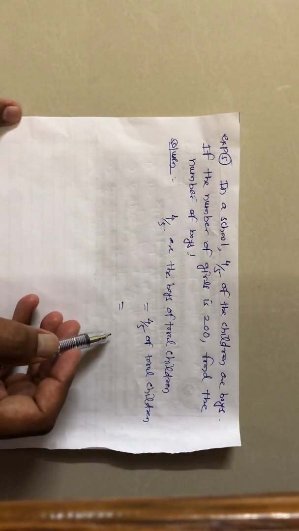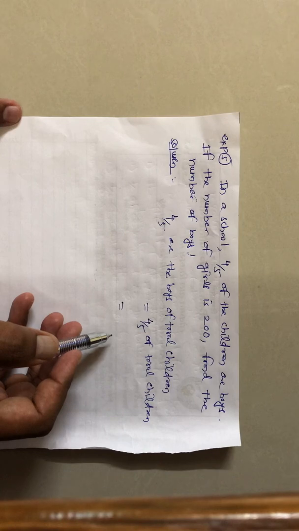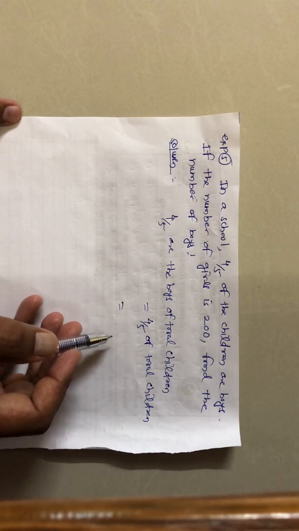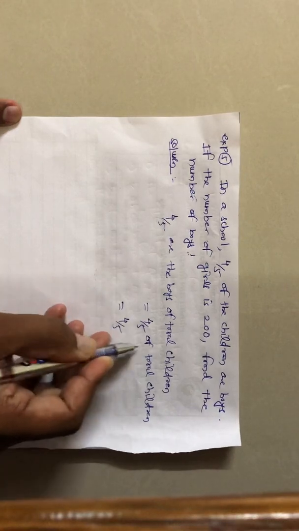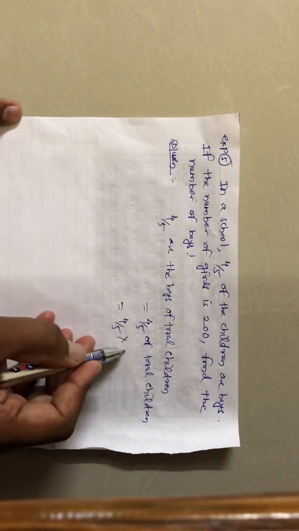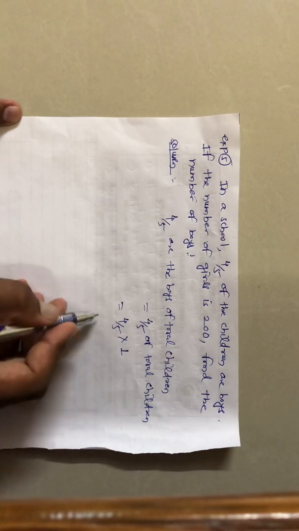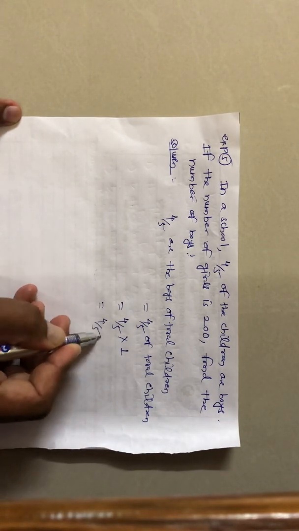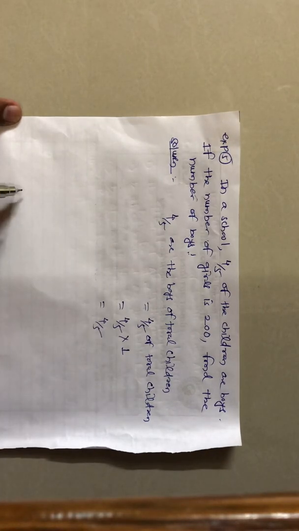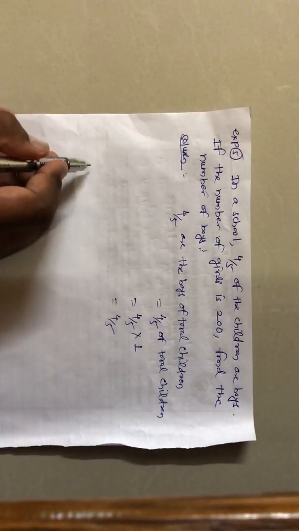As we know, in fractions, the whole quantity is always taken as 1. So 4 by 5 of, means multiply, total number of children, total children 1. So which is equal to 4 by 5.